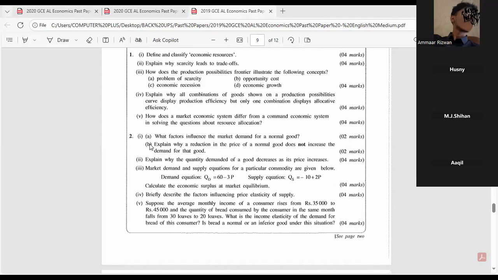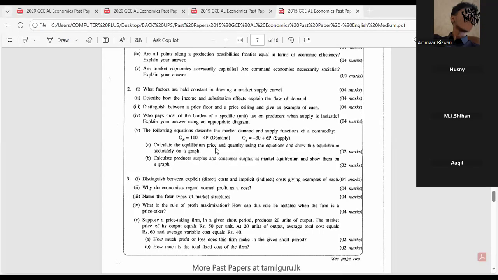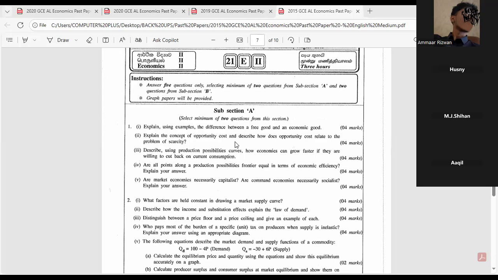This is 2019 paper question. See this question 2019. Second question, third part. Market demand and supply equations given. Calculate the economic surplus at market equilibrium, 4 marks. Okay. See, this is 2015 paper question.